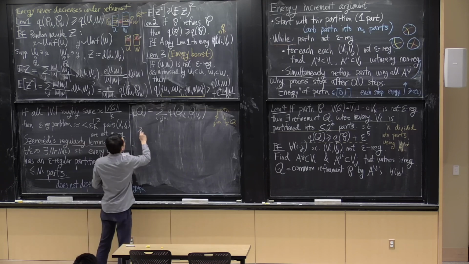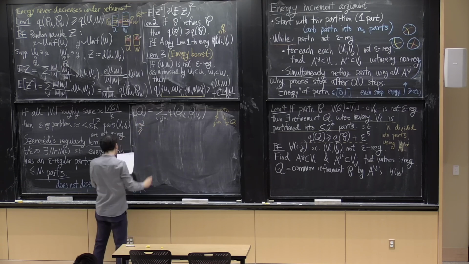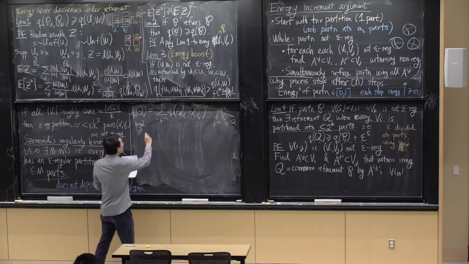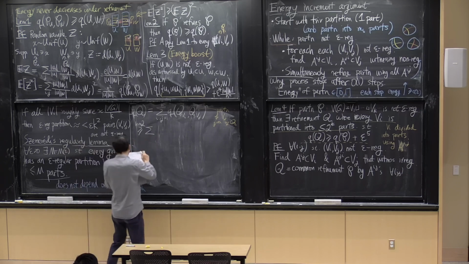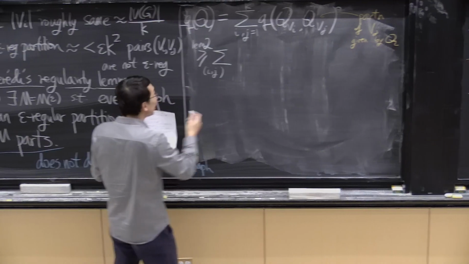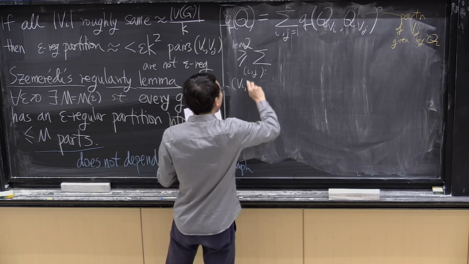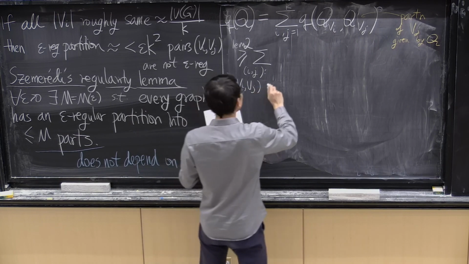By lemma 2, we find that, let me separate them into 2 cases. The first case sums over ij such that V_i V_j is epsilon regular.